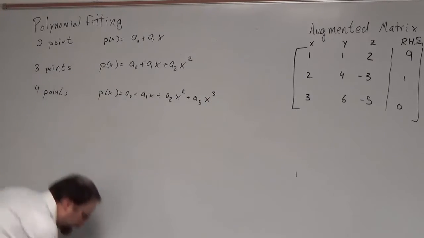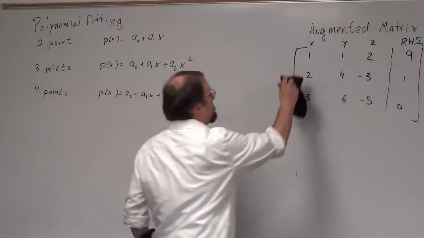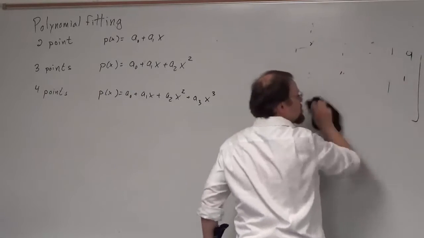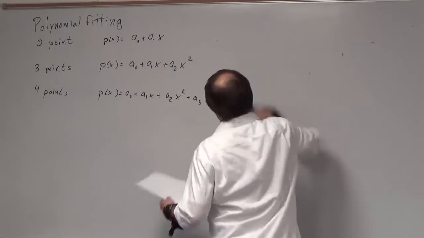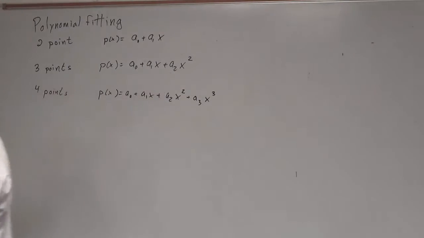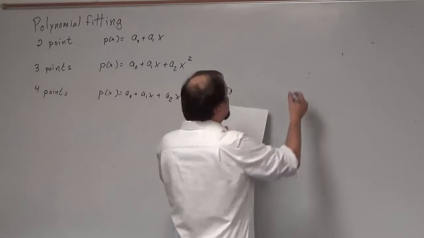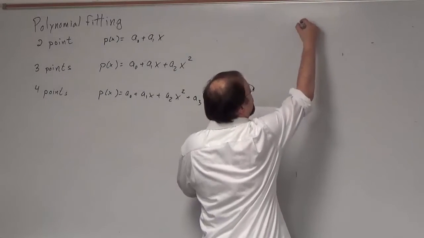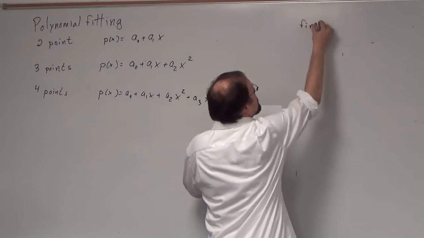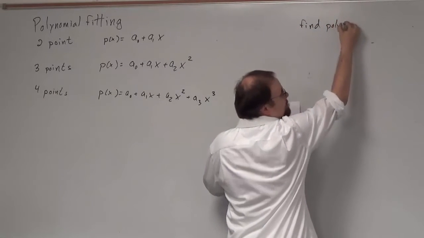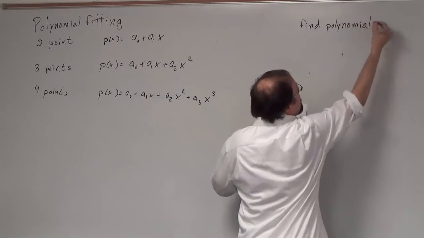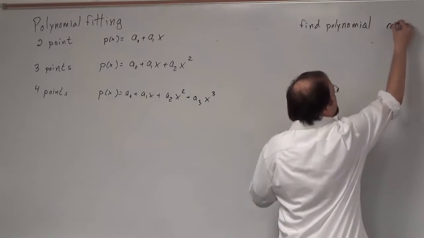All right, so let's go ahead and do one. Suppose you need to fit a polynomial through the following 4 points. Let's find a polynomial containing the following points.